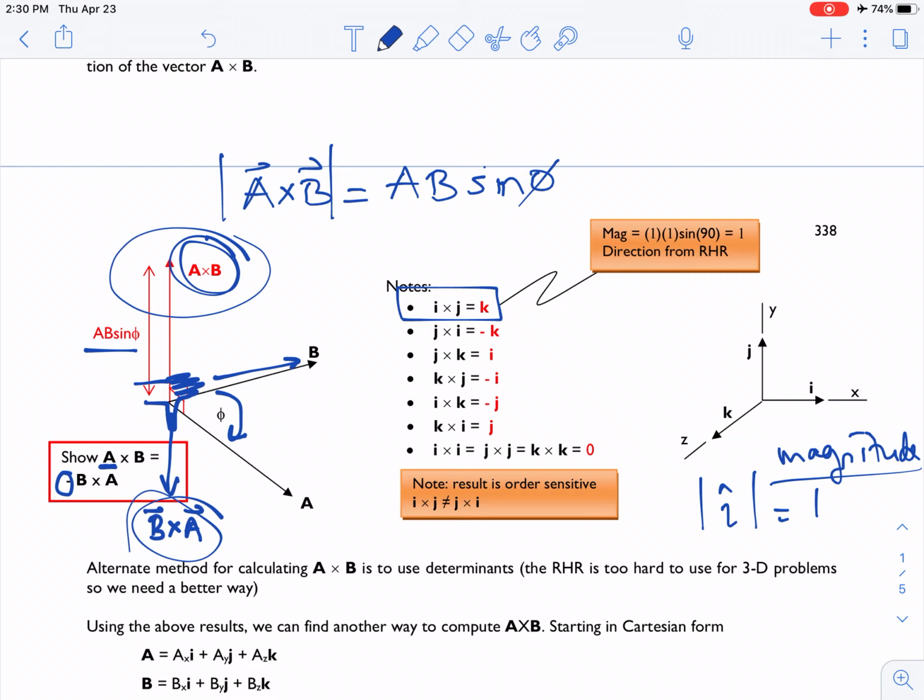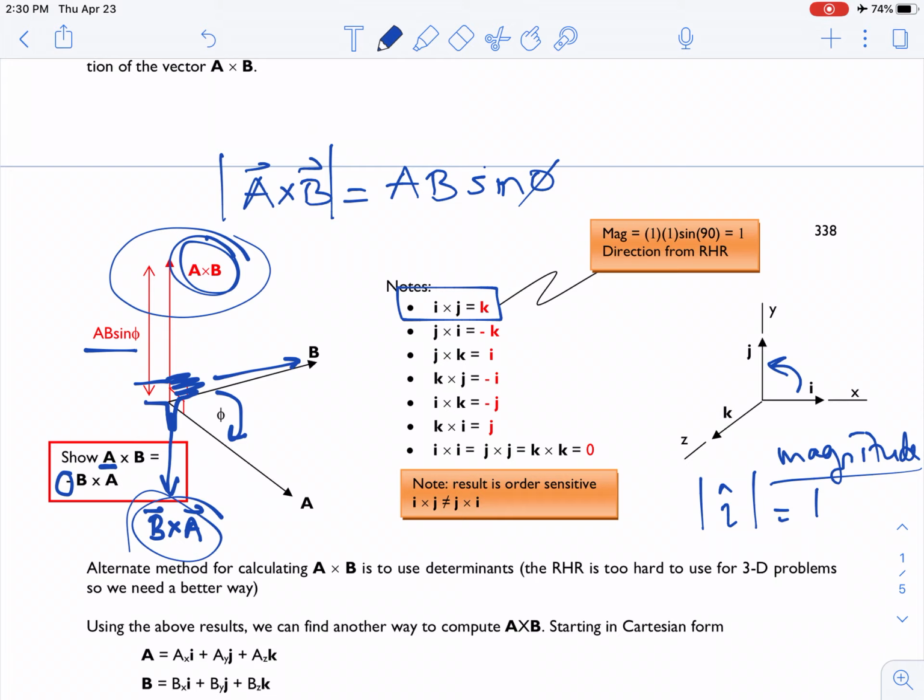Z is kind of coming out of the page, but with perspective, this is how we show it on the right side in the Cartesian coordinate system. What you're doing is putting your four fingers along i and then curling them towards j hat. And what is the direction of your thumb?